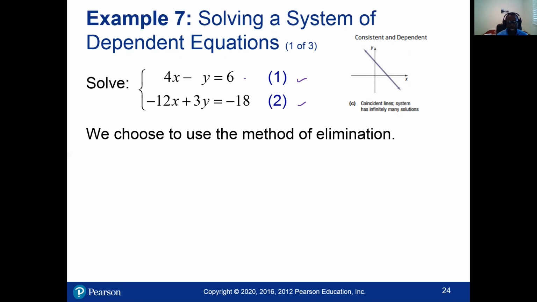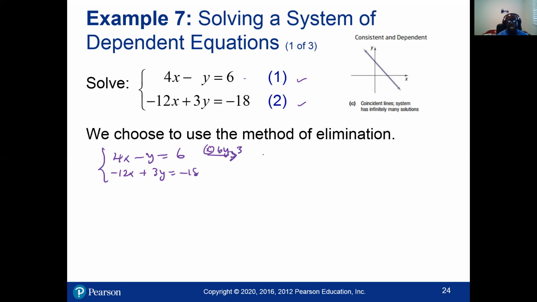If you choose elimination, we have the system 4x minus y equal to 6, and then minus 12x plus 3y equal to -18. Let us multiply the first equation by 3 to eliminate x.